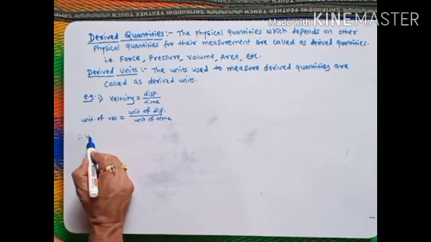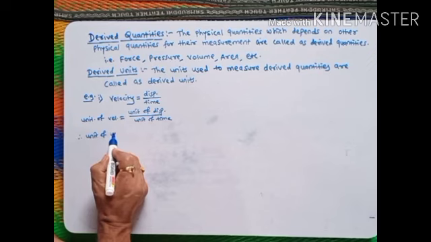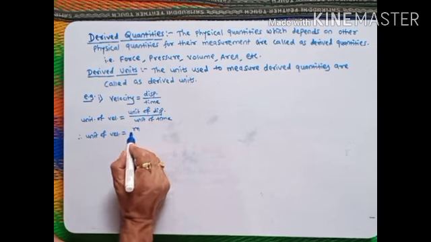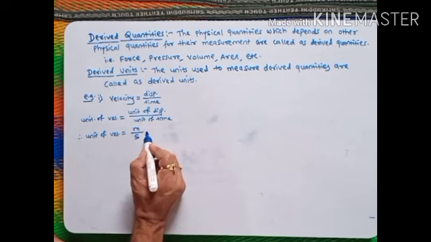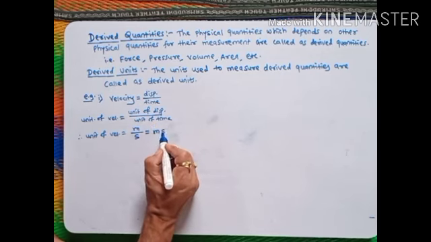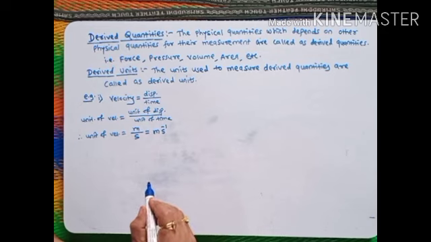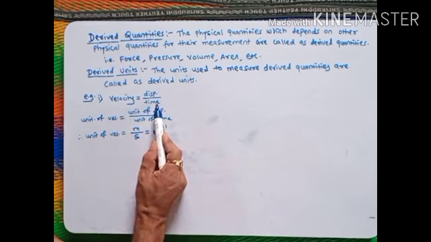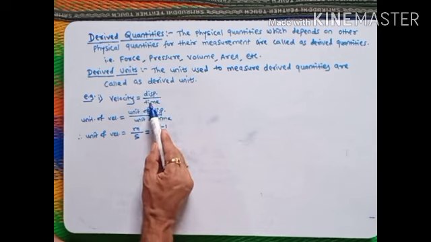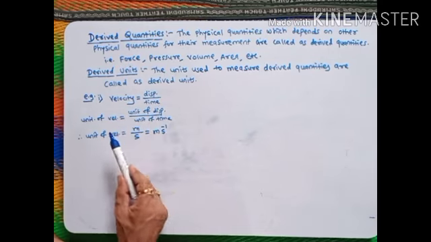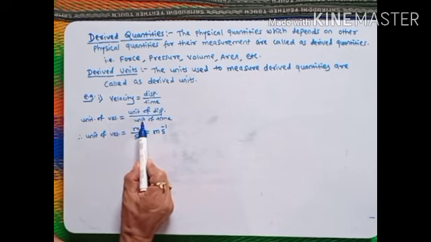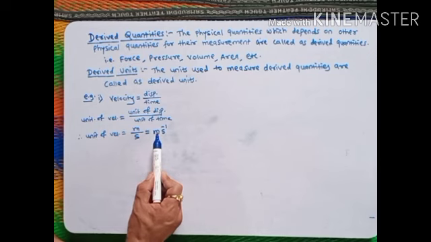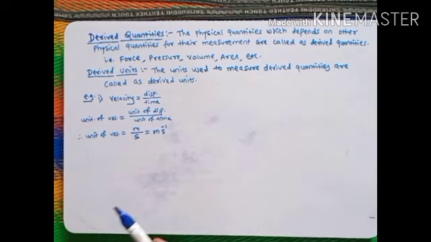Therefore, unit of velocity is equal to unit of displacement, meter, upon unit of time, second: meter per second, or we can write meter second raised to minus 1. That means velocity is a derived quantity which depends on displacement and time. Displacement is a fundamental quantity, time is also a fundamental quantity. Then unit of velocity is equal to meter per second, or meter second raised to minus 1.